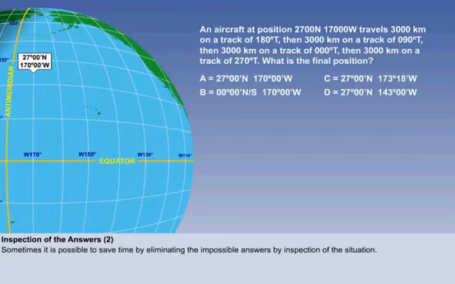However, the easiest way to have done this particular question would have been to be able to visualize what is going on and instantly eliminate the impossible answers. We start in the Northern Hemisphere and fly 3,000 kilometers south. We don't need to work out the exact latitude, it's just further south and therefore nearer the equator.